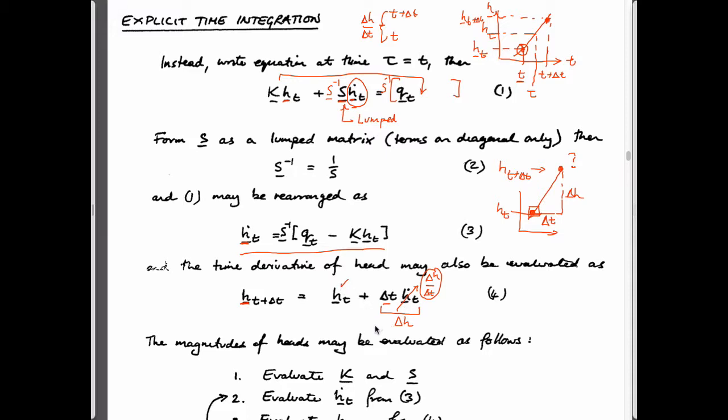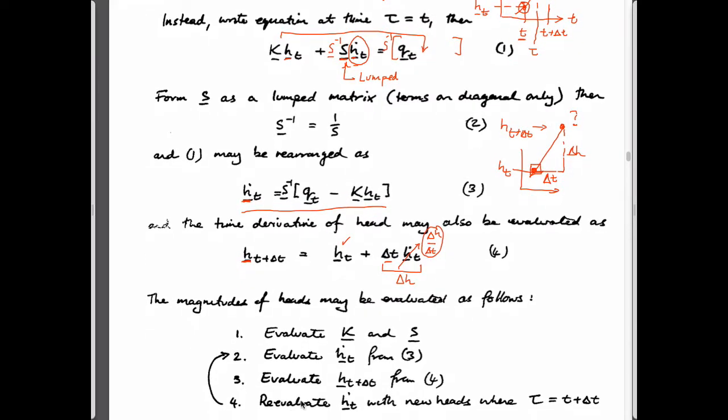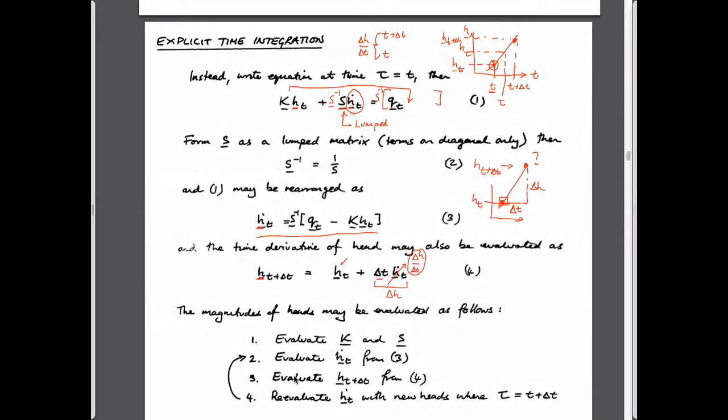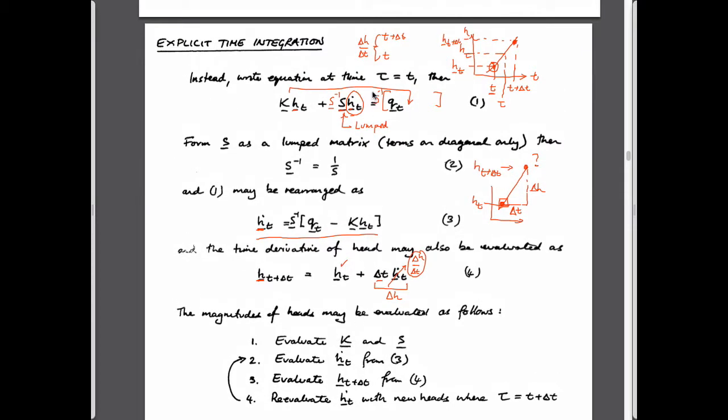And so the calculation sequence is basically at the bottom. Let me just make it smaller so it all fits on at the same time. We calculate what our matrices are for these different functions that go in here, the conductance matrix and the storage matrix. We calculate what the gradient of head is from this expression here, from the magnitudes of the existing heads and also the appropriate relationships.